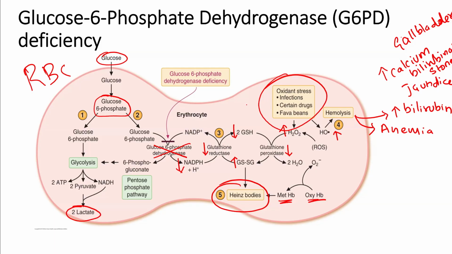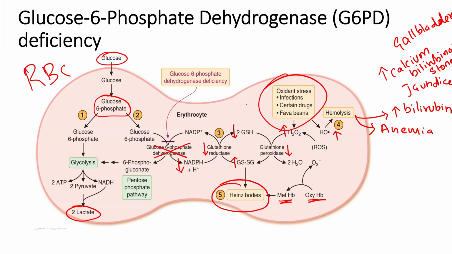When these fava beans undergo digestion, the products of these fava beans lead to an increase in hydrogen peroxide, thereby an increase in reactive oxygen species. That means there will be a necessity of GSH to take care of them.